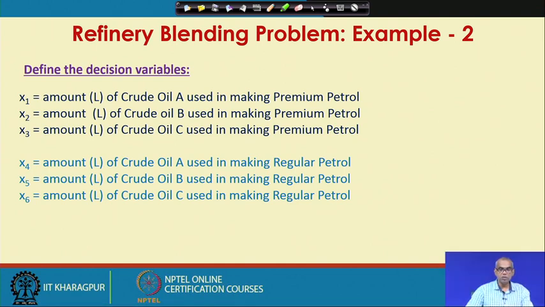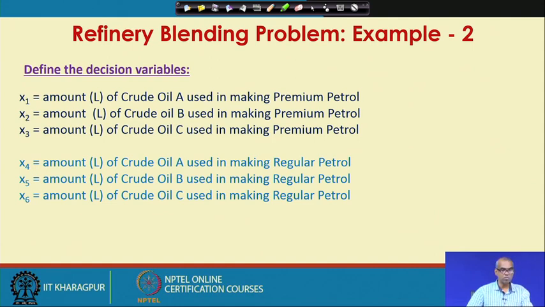So, let us define the decision variables. The decision variables we choose are amount of crude oil A used in premium petrol, x 1, x 2 as amount of crude oil B used in making premium petrol and amount of crude oil C used in making premium petrol, we call it x 3.